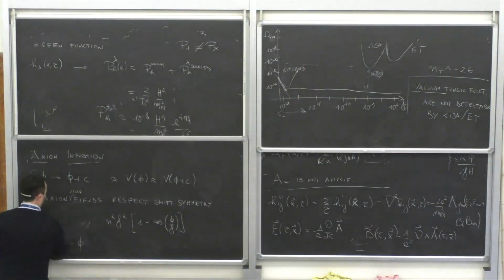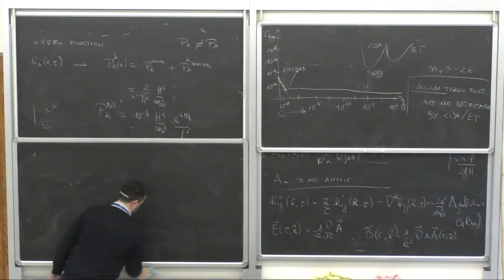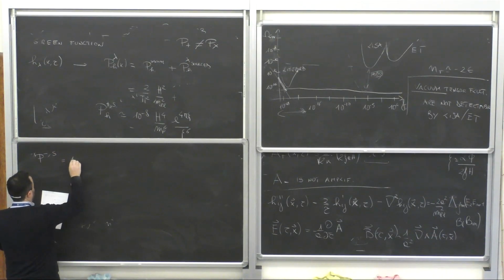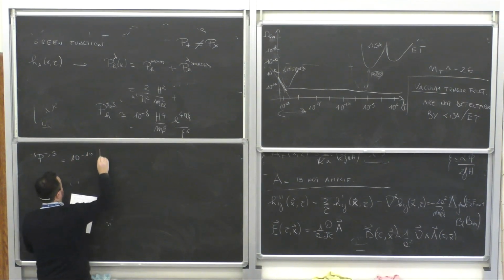While the P minus, or P cross if you want, sourced, is 10 to the minus 10. Look that they are different.